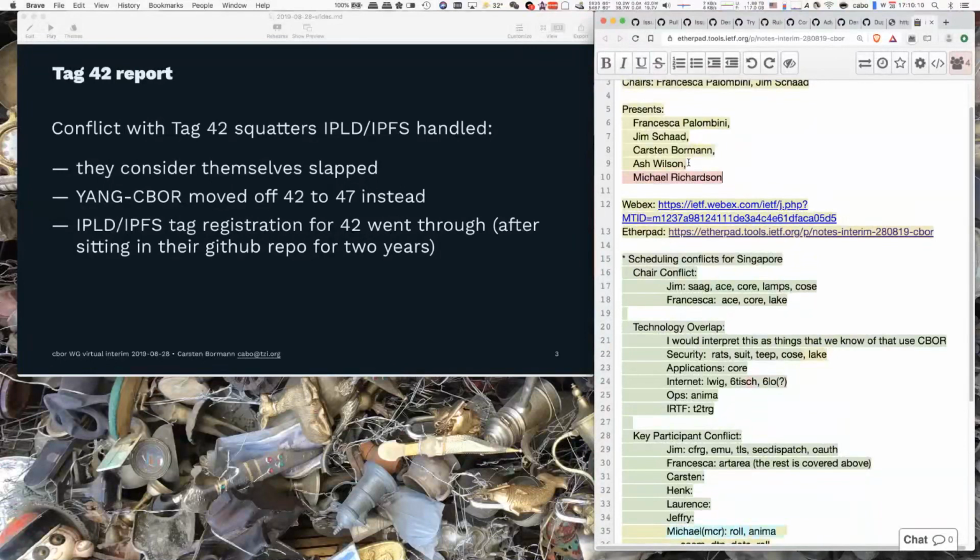So the data tracker gives you this list of documents that reference something. And that essentially gives you a very, very good overview of who's actually using CBOR. I did that, if you remember. I did that before, and they're basically those that I am quoting. Referenced by. Let's see.